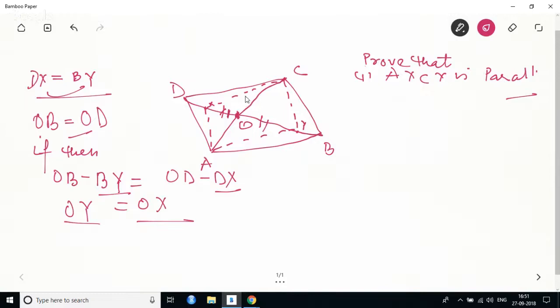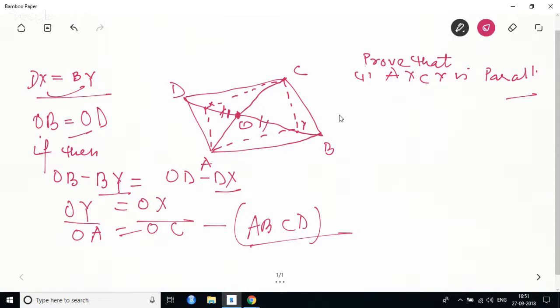Now, OA is already equal to OC because this is part of parallelogram ABCD. So I am showing that the diagonals of this quadrilateral are bisecting each other.